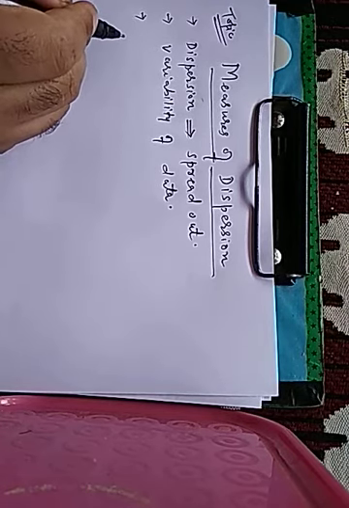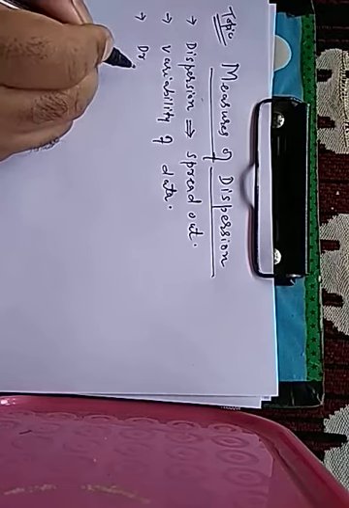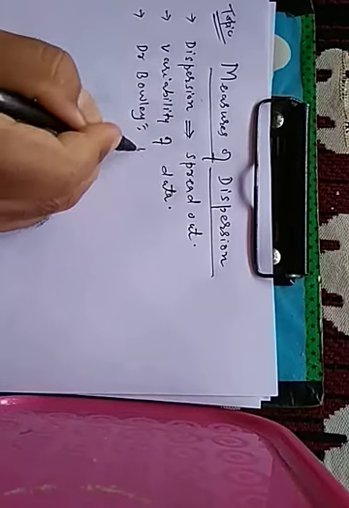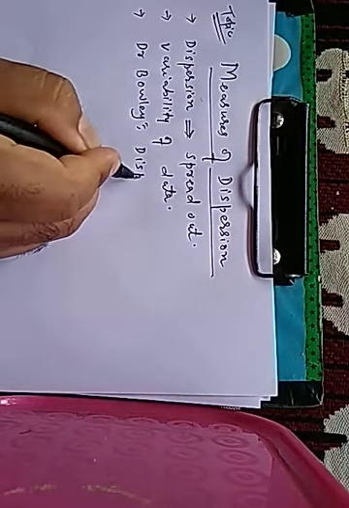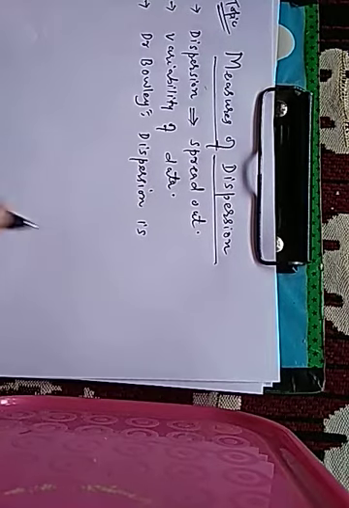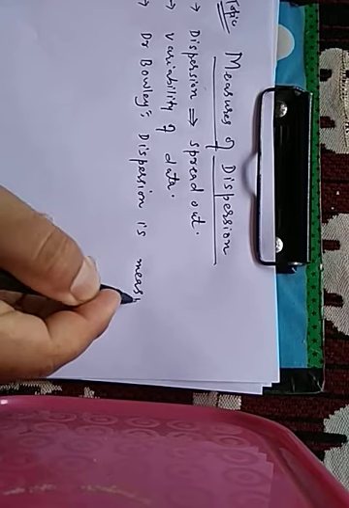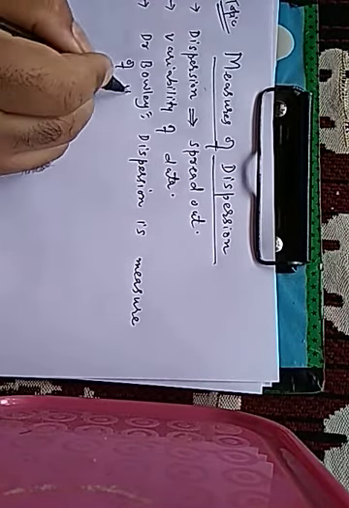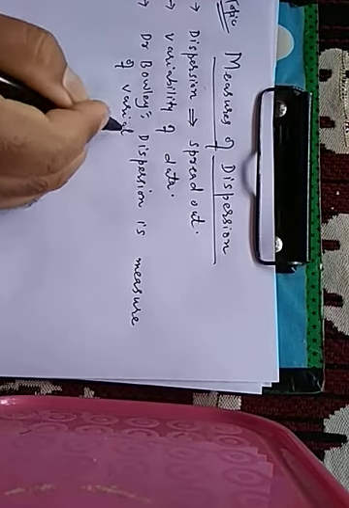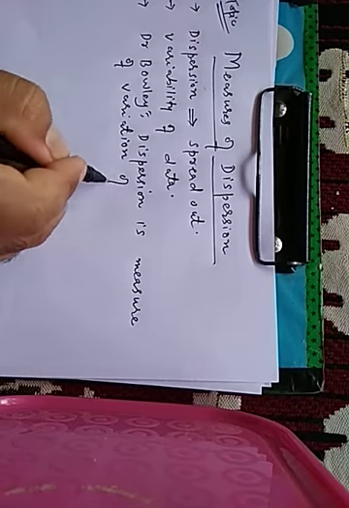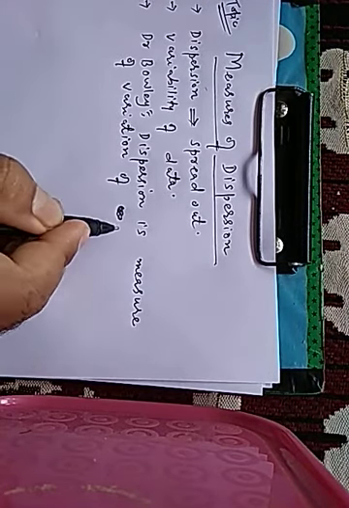According to Dr. Bowley, dispersion is the measure of variation of the items.